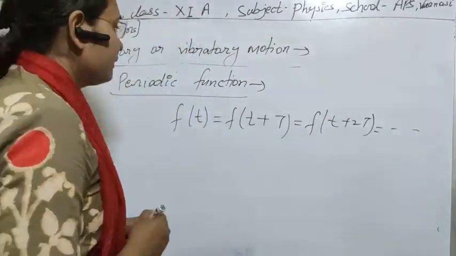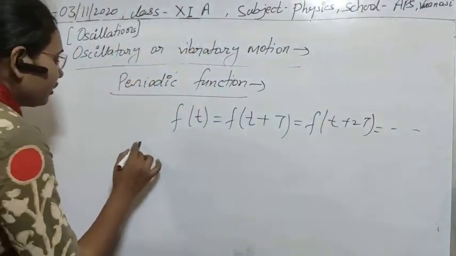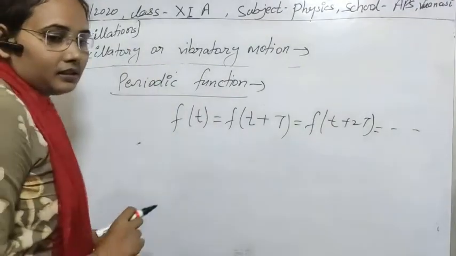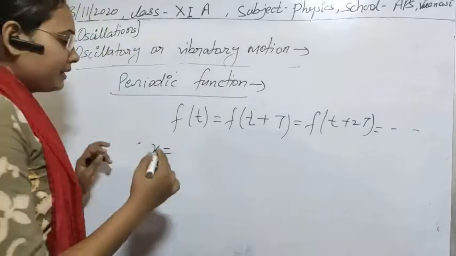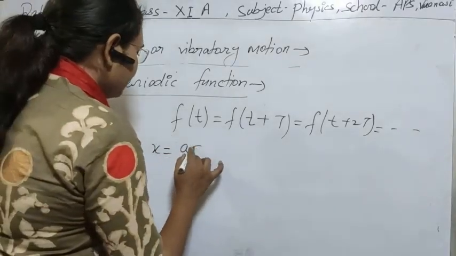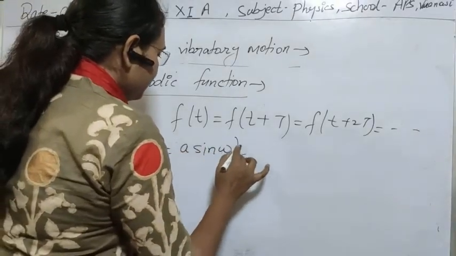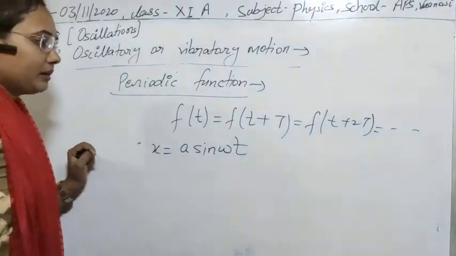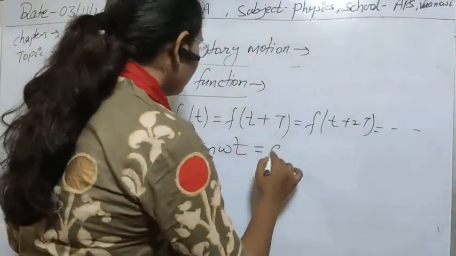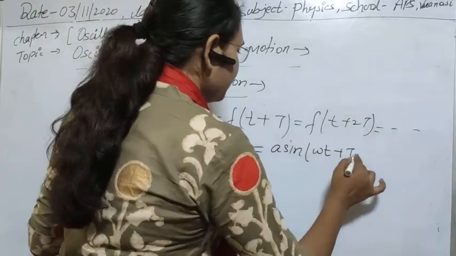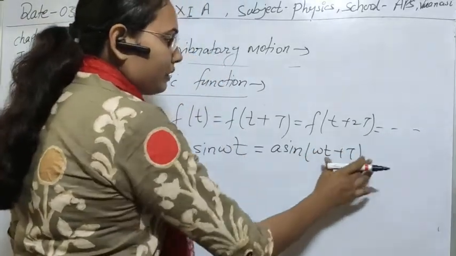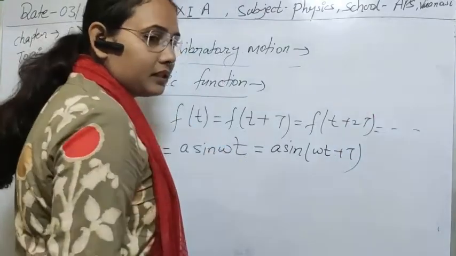And also we can express the periodic displacement of a periodic function in terms of sine or cosine waves. If I am taking the sine wave, then we can write it as a sin ωt, and this can also be equal to a sin ω(t + T), and so on, ω(t + 2T), ω(t + 3T), and so on.